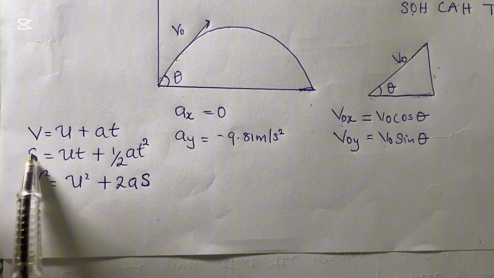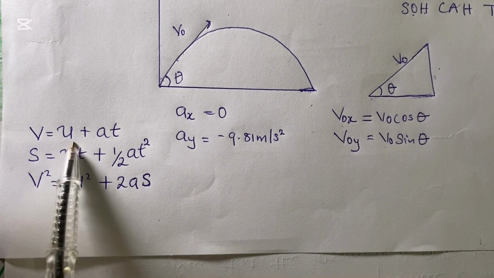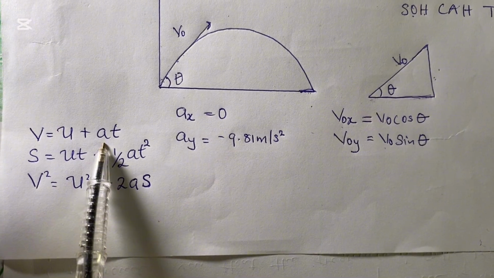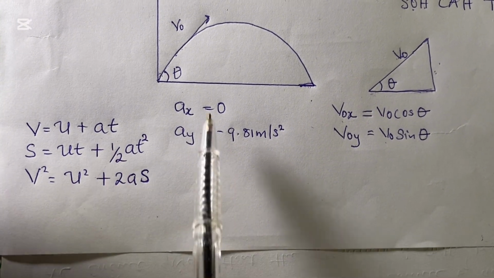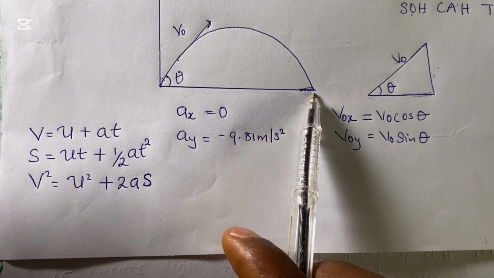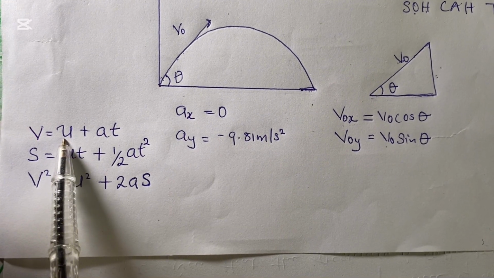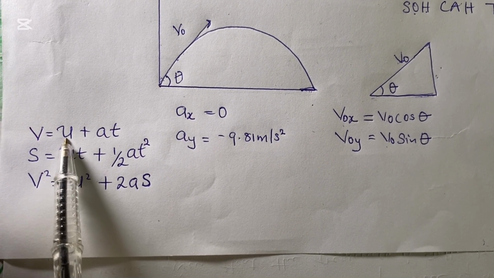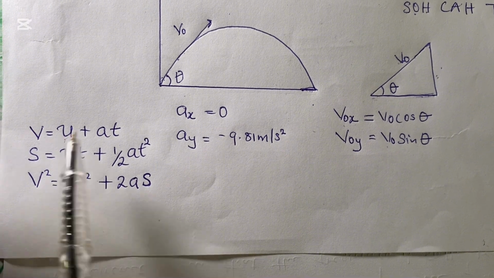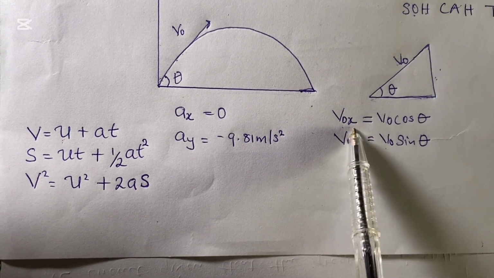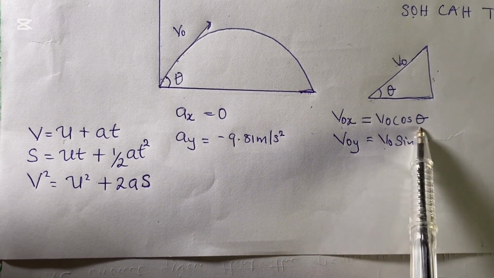Now look at this. This is final velocity, this is initial velocity, this is acceleration, and this is time. If you're considering motion on the x-axis, this becomes final velocity on the x-axis. This becomes the initial velocity on the x-axis, which is v0x, which is v0 cos theta.